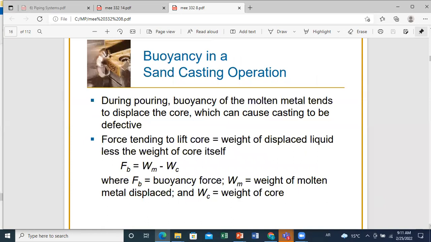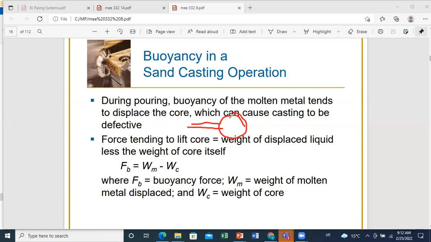Now, what about buoyancy in a sand casting operation? During pouring, buoyancy of the molten metal will tend to displace the core, because you know that sometimes if we want to have internal surfaces, we will need to place a core within the mold cavity.